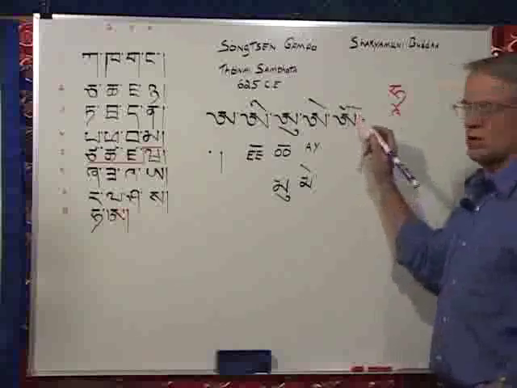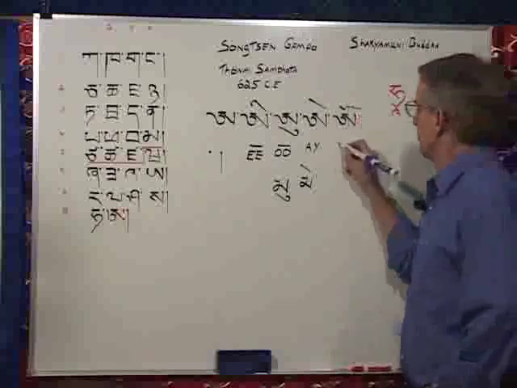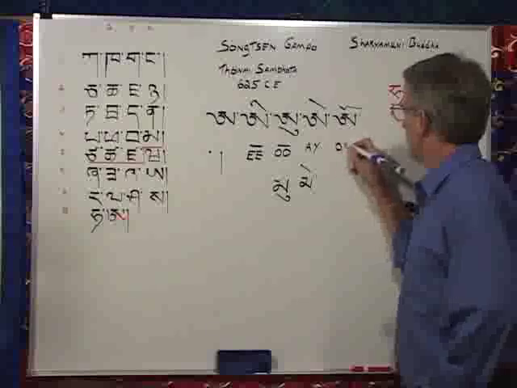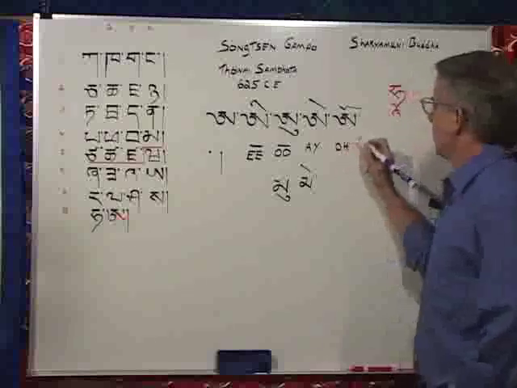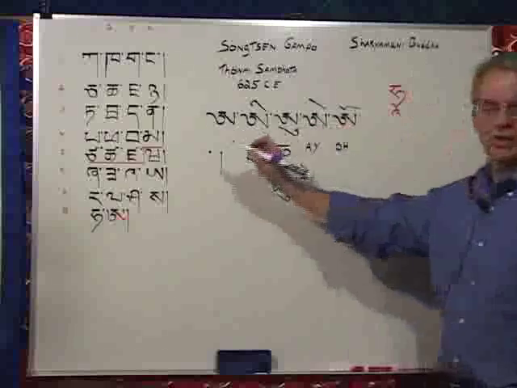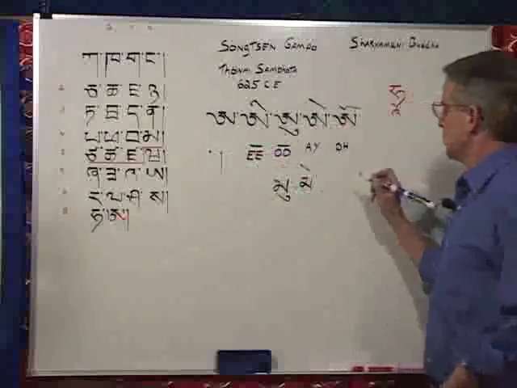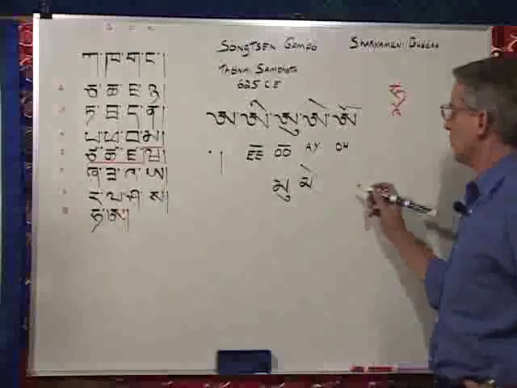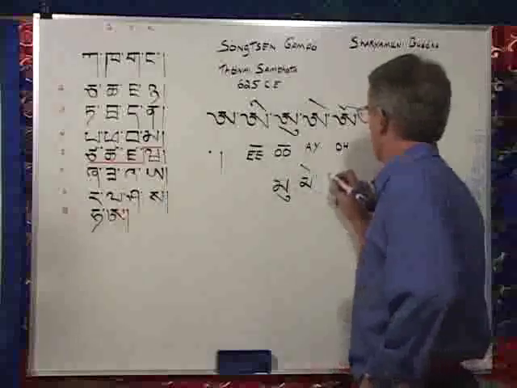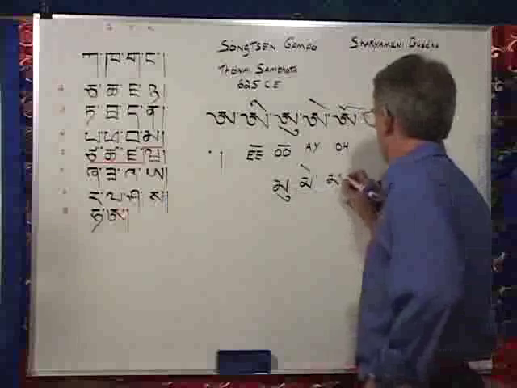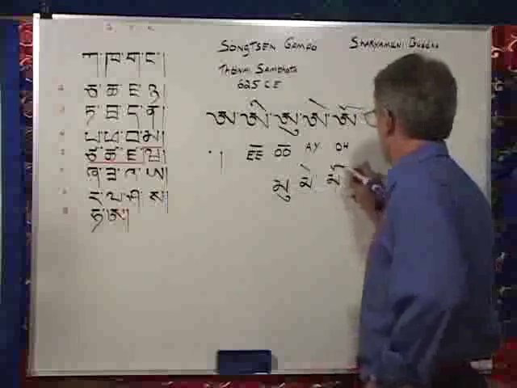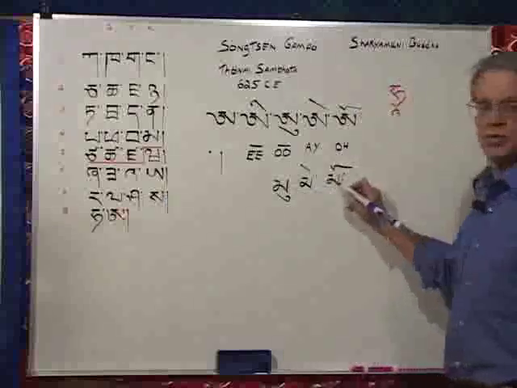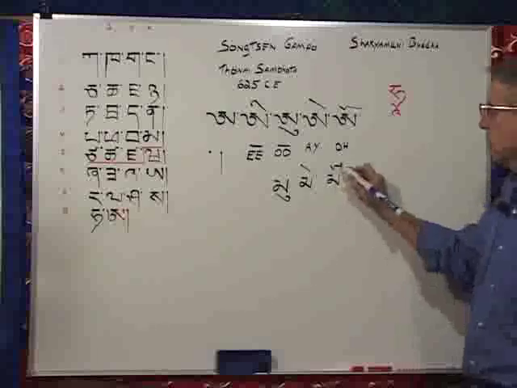This vowel sign is called the naro. Putting a naro on any one of the 30 consonants will change its vowel sound from A to O. So this would be ma, naro, mo.